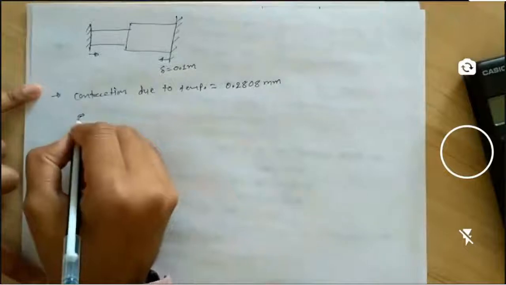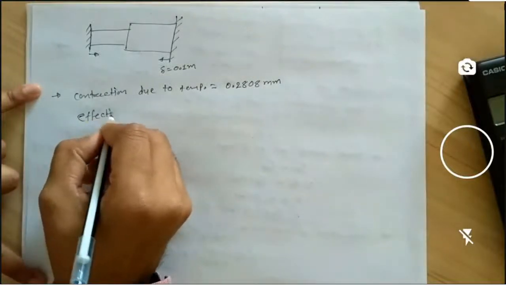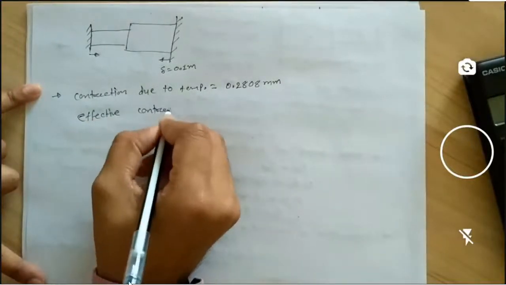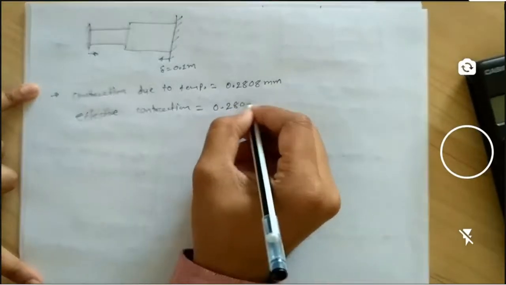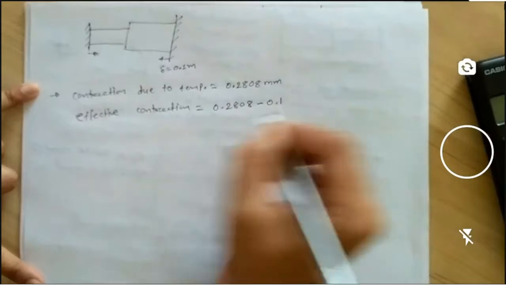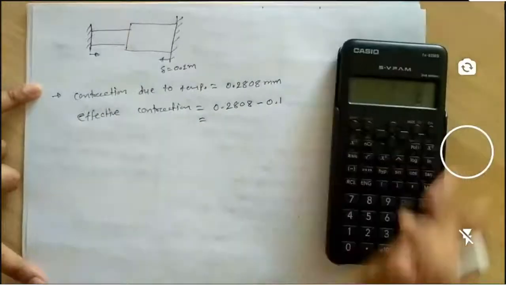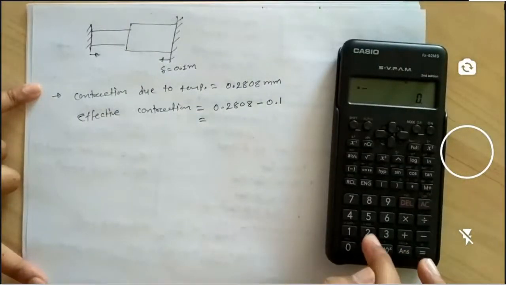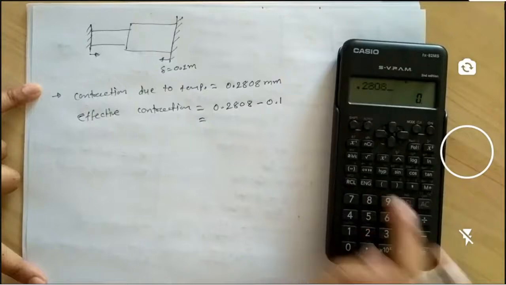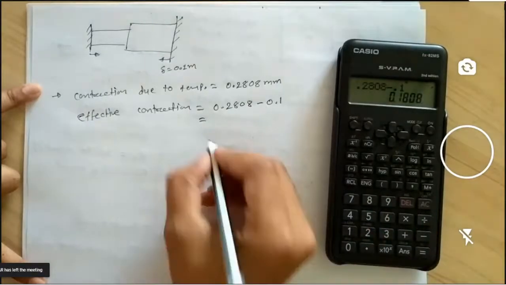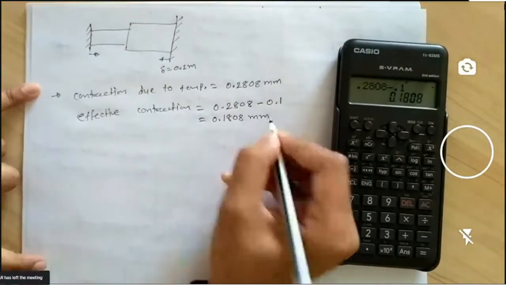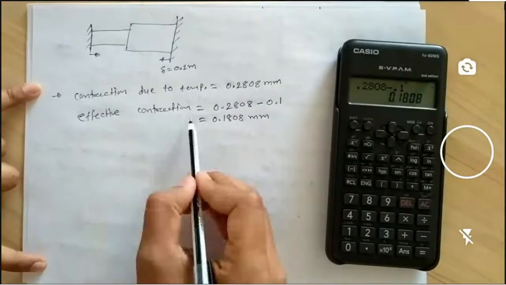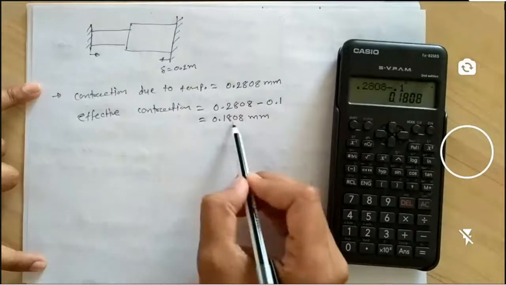So the effective contraction is 0.2808 minus 0.1, so 0.1808 mm. So now the effective contraction due to the temperature is 0.1808 mm.